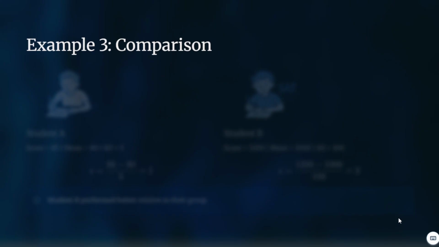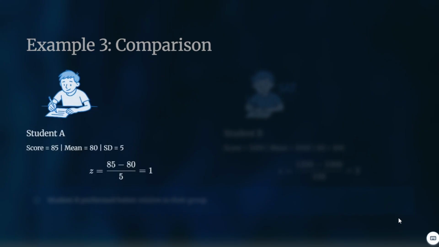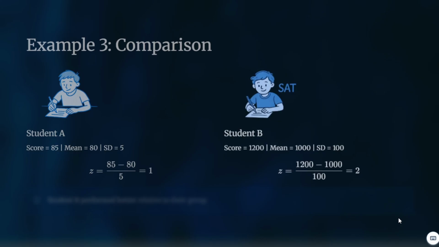Now, let's say we want to compare two students on two different scales. So student A had a score of 85 and the mean for his group is 80, standard deviation is 5. So to calculate the z-score, we'll use the formula, that will be 85 minus 80 divided by 5. So this student has a z-score of 1. Whereas the other student, student B, scored 1200 on his SAT, the mean is 1000 and standard deviation is 100.